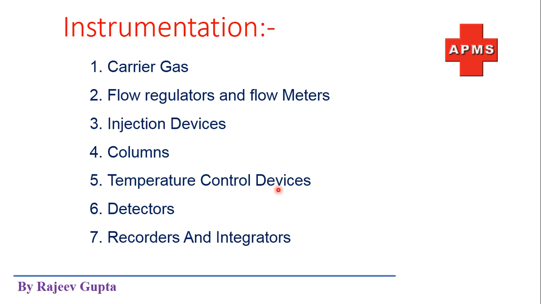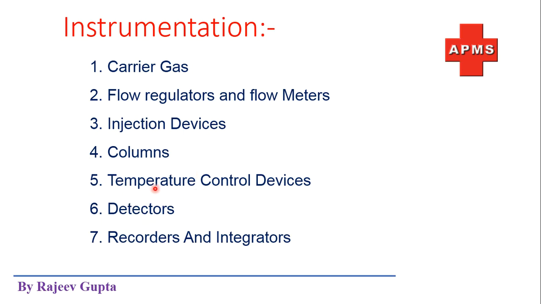Now the temperature control devices, because we know that in gas chromatography the mobile phase and the sample dissolved in this mobile phase are both in vapor phase, means gas phase. To maintain their gas state, we have to control the temperature. We have to keep this instrument at a somewhat elevated temperature, so these sample molecules remain in gas phase inside the column and throughout the experiment.